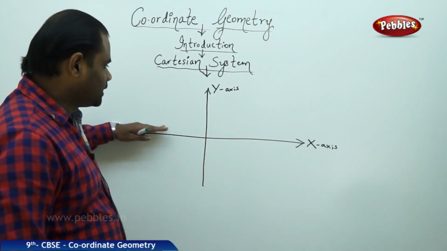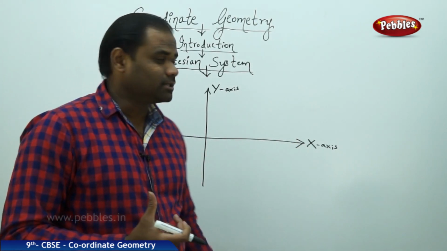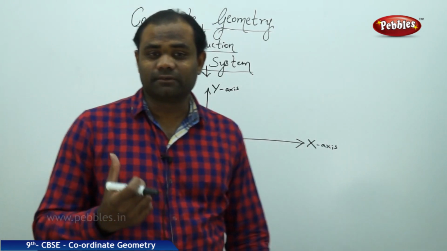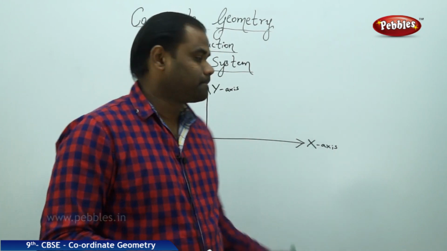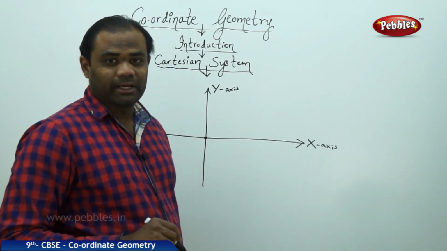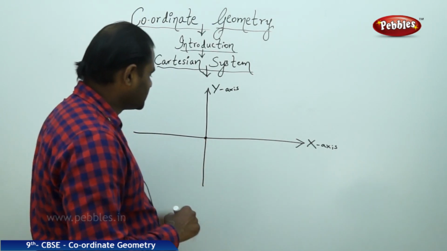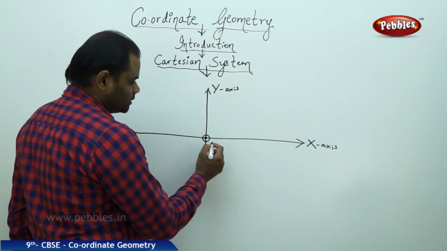The horizontal line in the Cartesian system is referred to as the x-axis, and the vertical line in the coordinate system is referred to as the y-axis. It's a rule of the coordinate system. They intersect at one point, and the two perpendicular lines intersecting at a point is referred to as the origin, generally denoted by this.